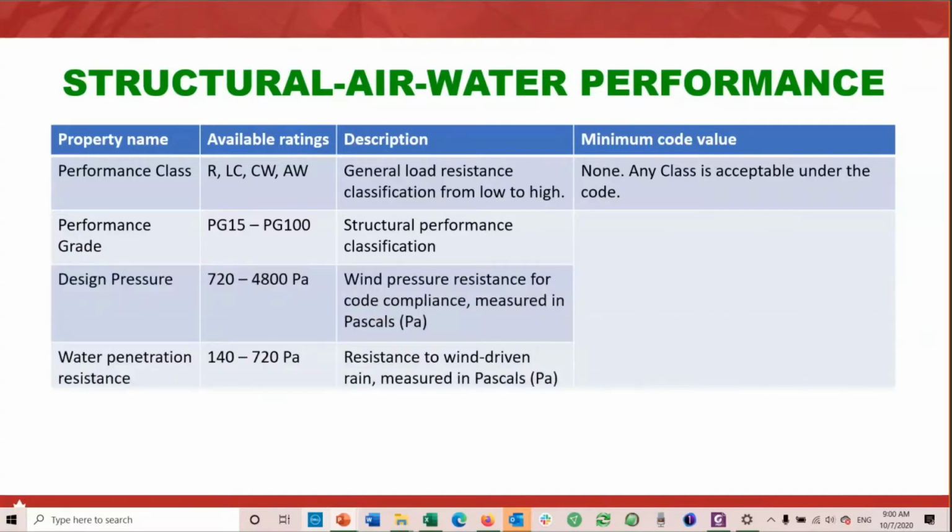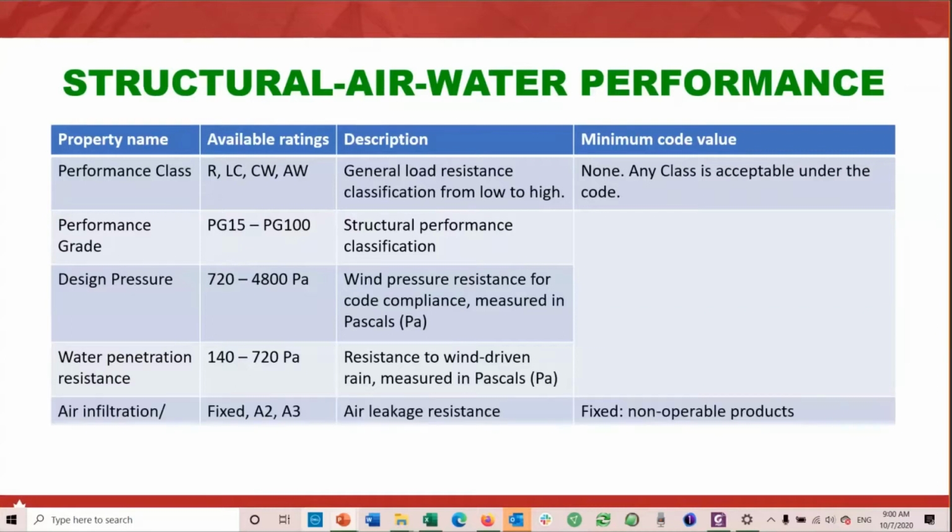The water penetration resistance is the other property of concern, and this is the resistance to wind-driven rain measured in pascals. When the products are put into a test chamber at the lab, they spray water on one side of the product, create a negative pressure on the inside of the product, and basically test until the product fails to get the highest level of resistance to that wind-driven rain.